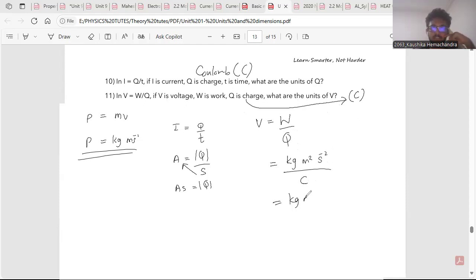So you get kg m^2 s^-2 C^-1. Yes, you can take it in amperes as well. Then instead of coulombs, you divide it by ampere second. So you get kg m^2, s becomes minus 2 minus 1, minus 3, per ampere. Right?